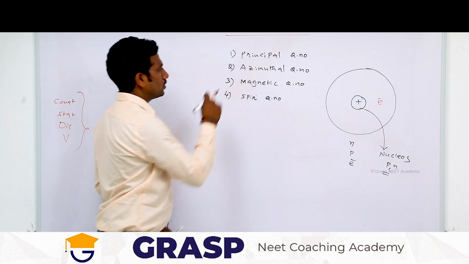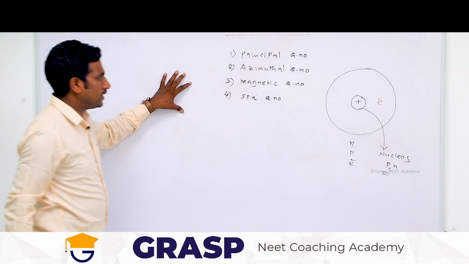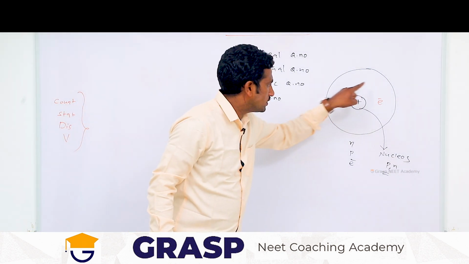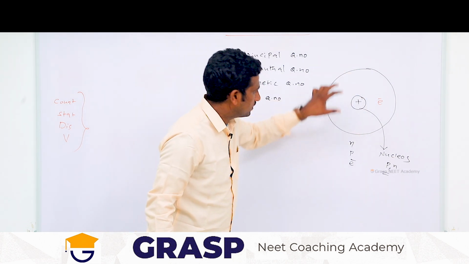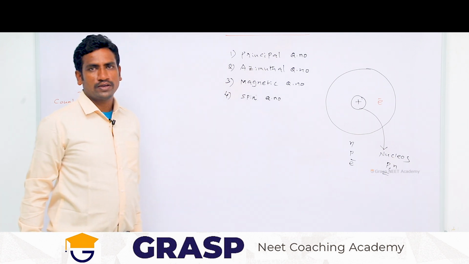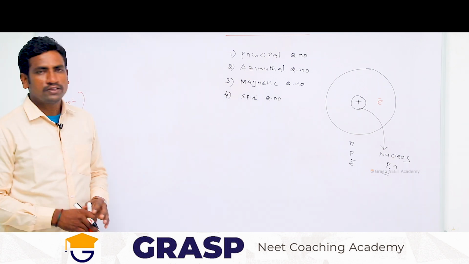These 4 quantum numbers are required to identify where the electron is located in this atom.